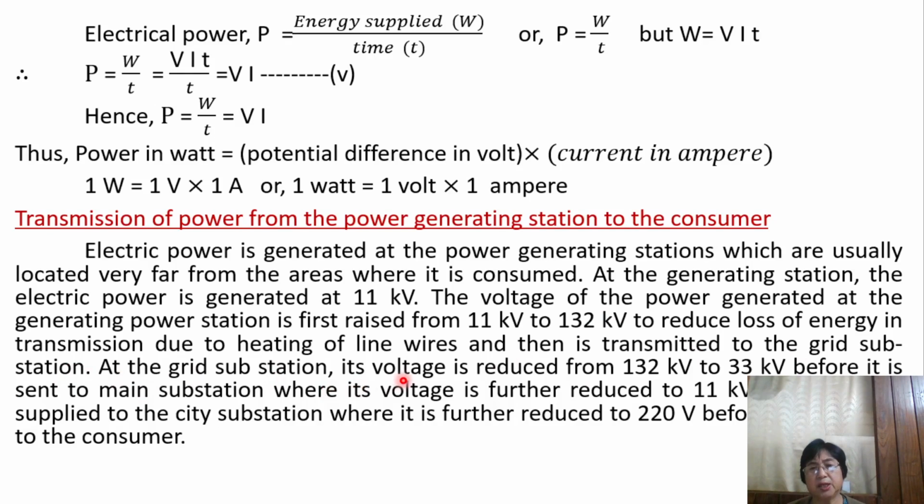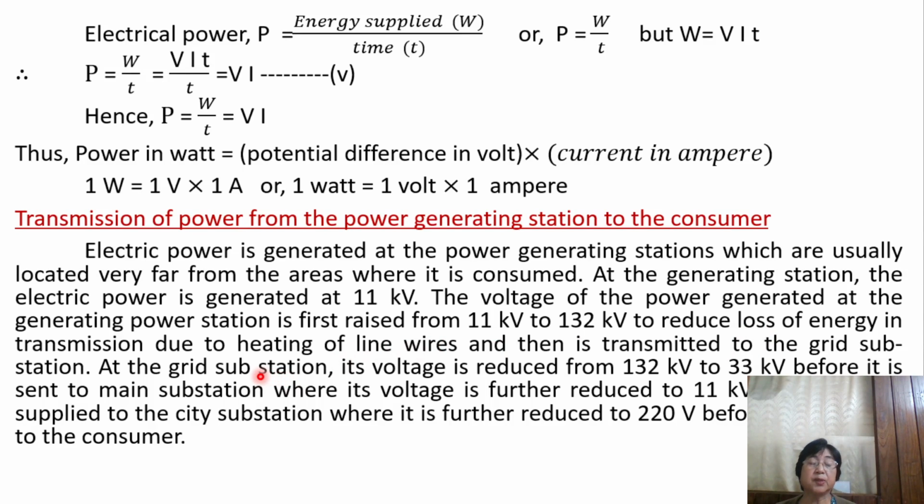At the grid substation, its voltage is reduced from 132 kilovolt to 33 kilovolt before it is sent to the main station, where its voltage is further reduced to 11 kilovolt. So from the generating power station, which is raised to 132 kilovolt, it will first come to the grid substation.